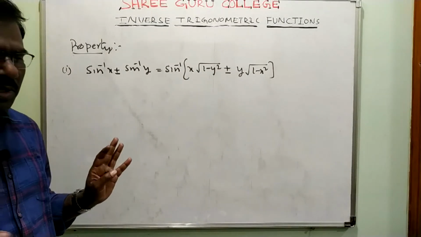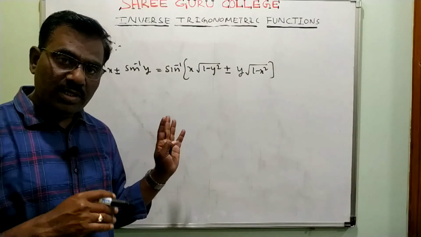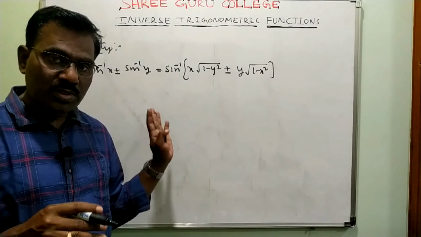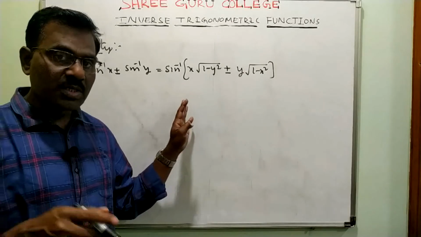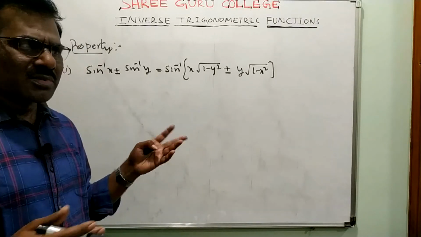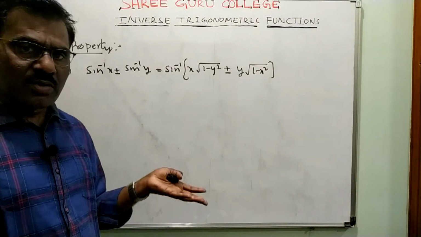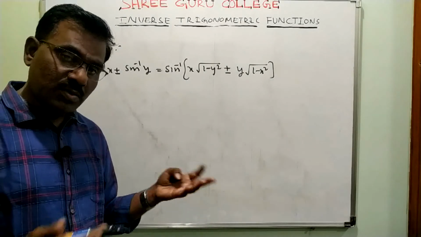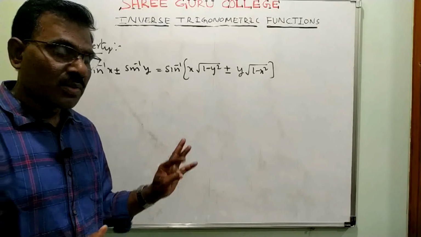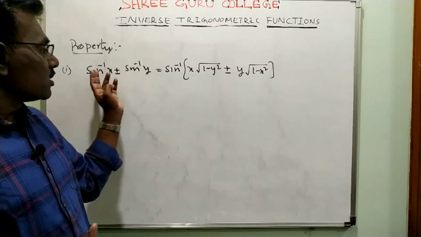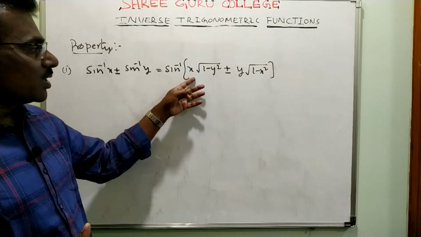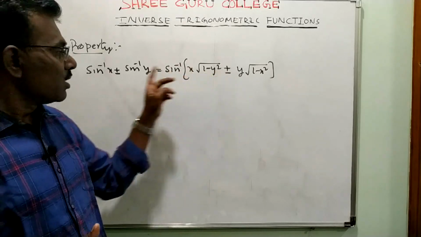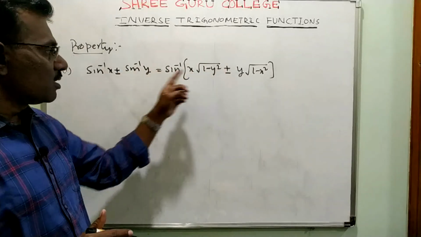This is also very important. I am telling you, this is not given in the textbook. You just have to remember both. Problems on sin inverse of x and sin inverse of y are there. So for these problems, another method also comes: when sin inverse is given, you convert into tan inverse. When cos is given, both sin and cos convert into tan inverse. That is secondary; even the direct formula is there. Sin inverse of x plus sin inverse of y, x into root 1 minus y square plus y into root 1 minus x square. It is plus, minus, minus.